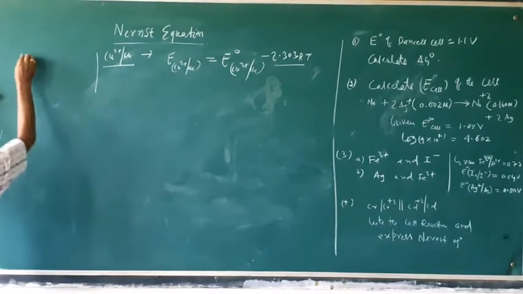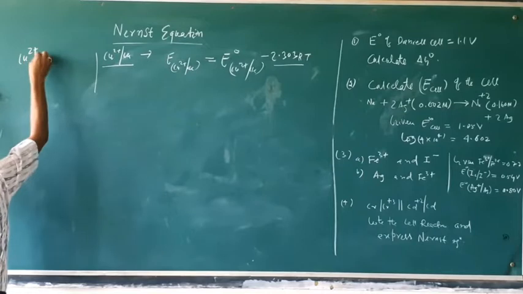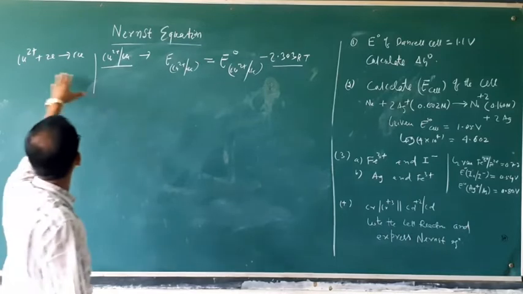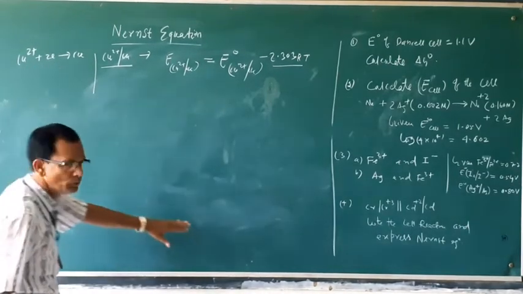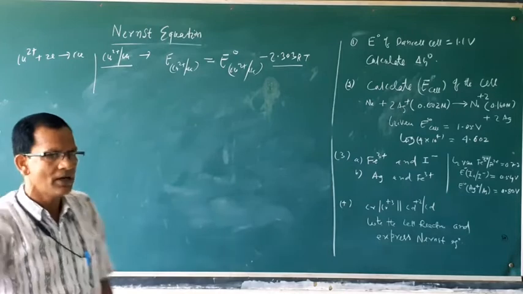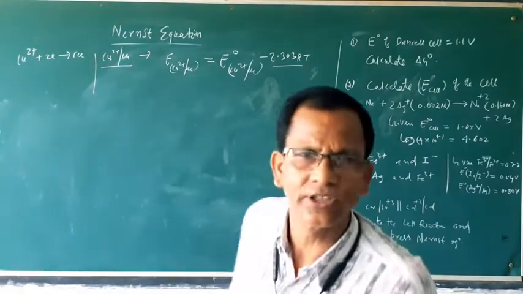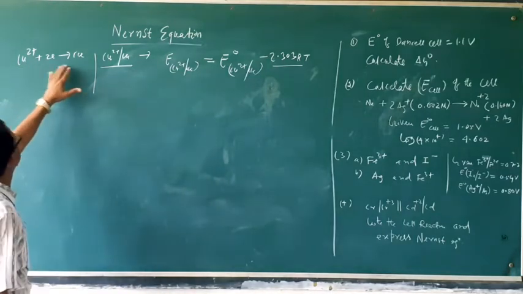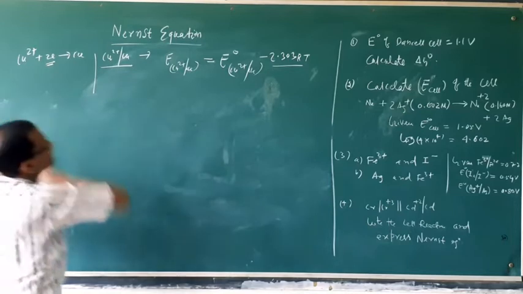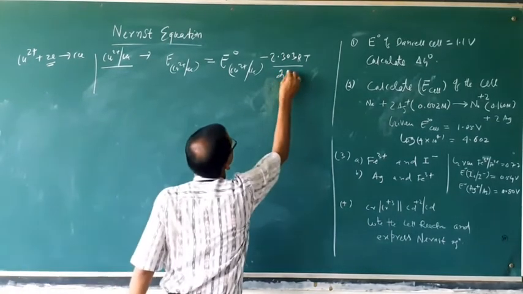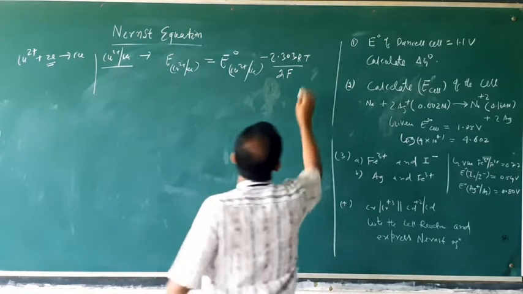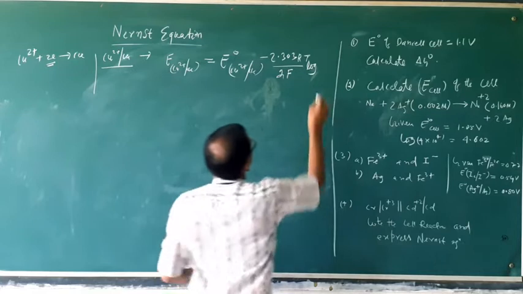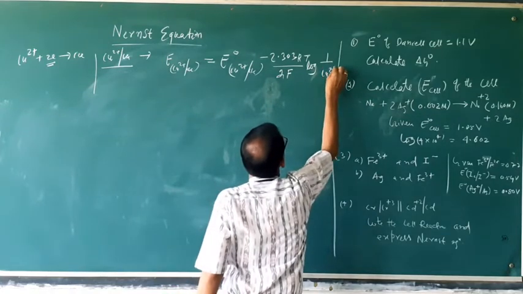Copper can be written in reduction form, Cu2+ plus 2e^- changes to Cu. Already I have told you we should write in reduction form because the data will always be taken as reduction potential. Here the number of electrons is 2, so 2F, log, here which ion? Copper ion. So 1 by Cu2+.